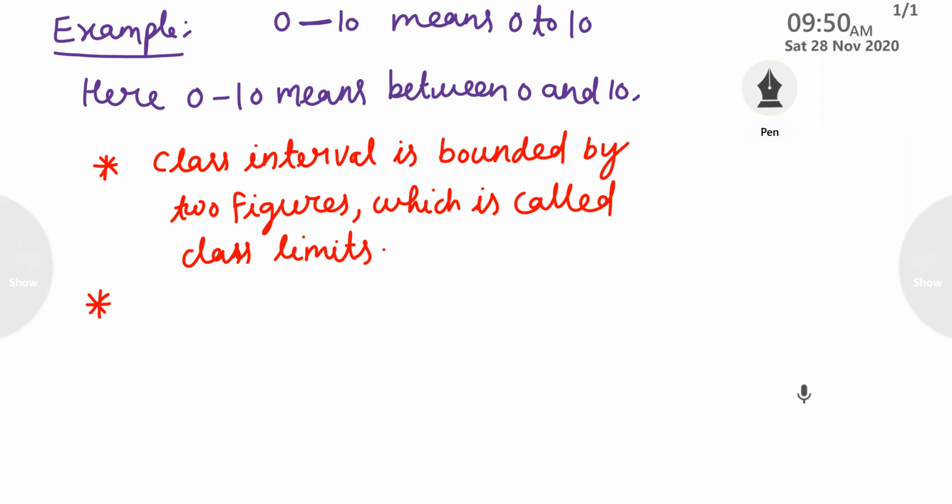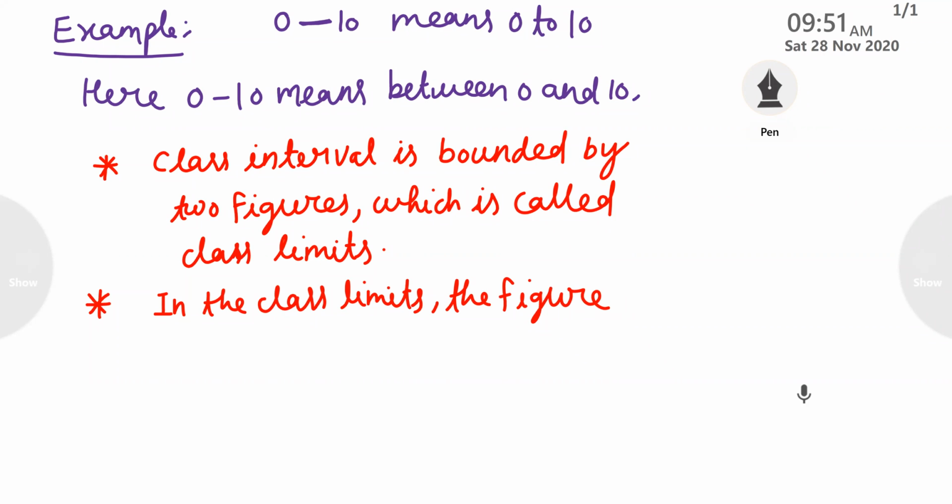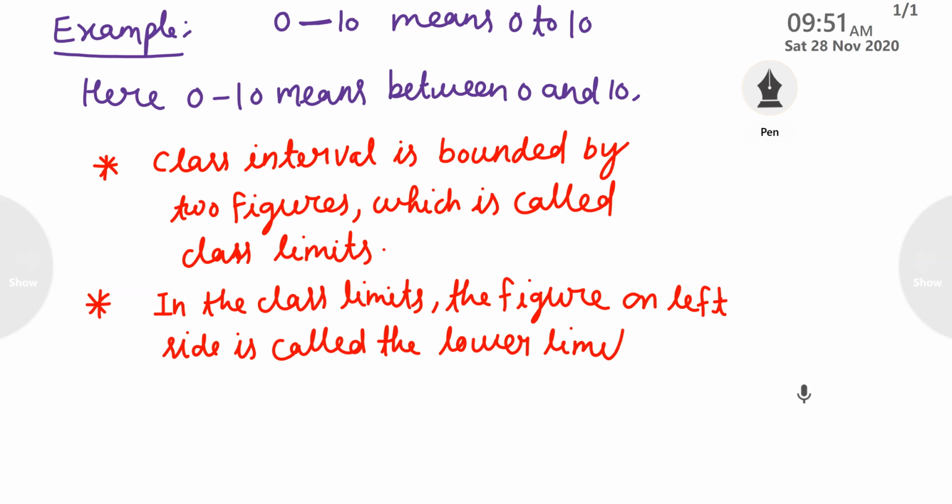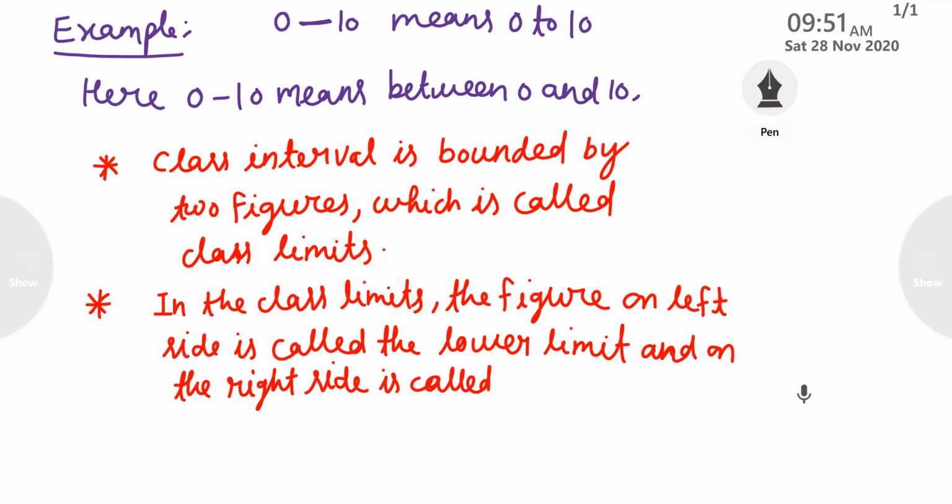Second star point. In the class limit, the figure on left side is called the lower limit, and on the right side is called upper limit.